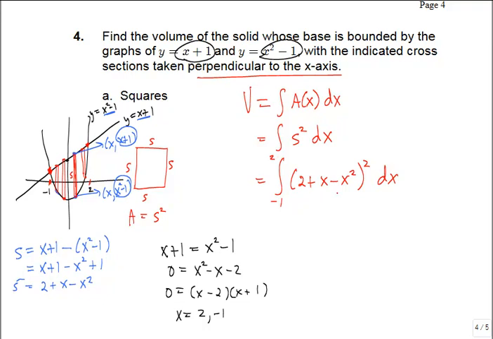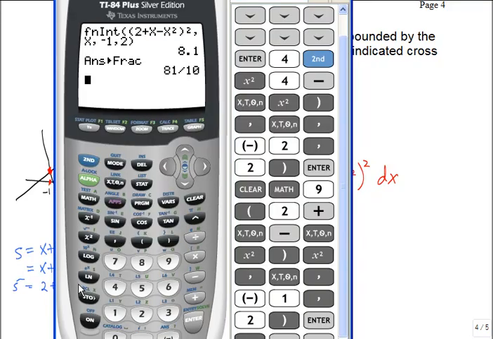This one is not too hard to do, but a little bit tedious because of the trinomial that you would have to square out, so that gets a little bit messy. So this would be a good candidate for using function integrate. If we pull up the calculator, this is how it would be typed in: 2 plus x minus x squared, squared, for the integrand, comma x, comma negative 1, comma 2, and you get 8.1, which you could leave just like that, or if you wanted to turn that into a fraction, use that frac button under math, and that's the same as 81/10.